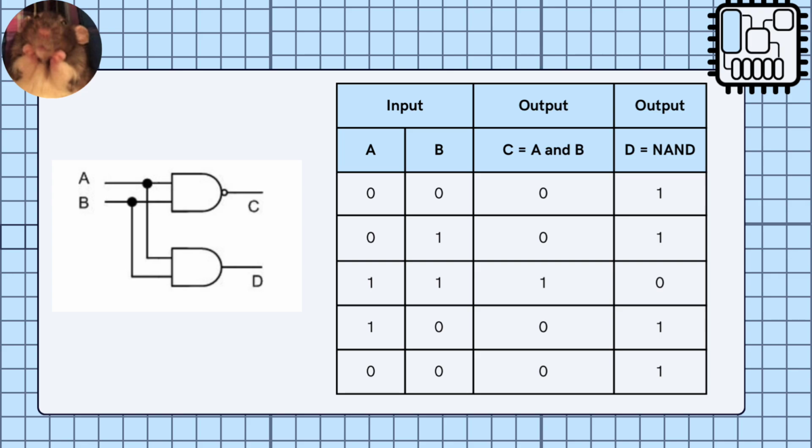Last but not least, the input of A is 0, the input of B is 0. This means both of the inputs have 0 value. So the output of C is 0, and of course the output of D, which is the NAND logic gate, is going to be 1.